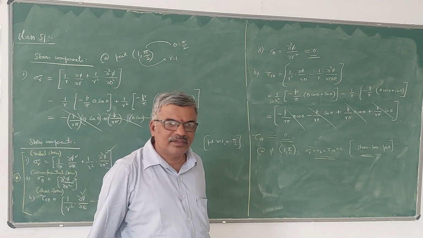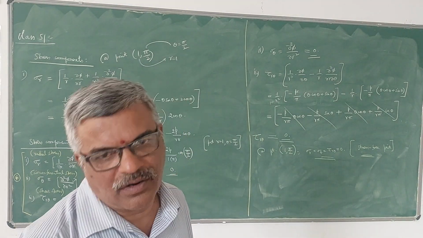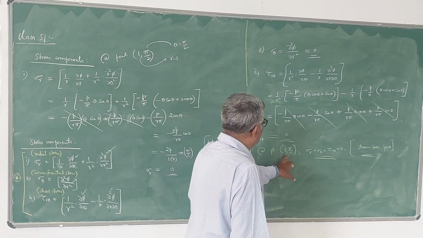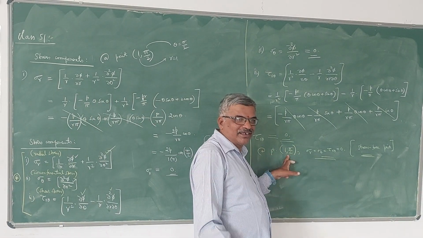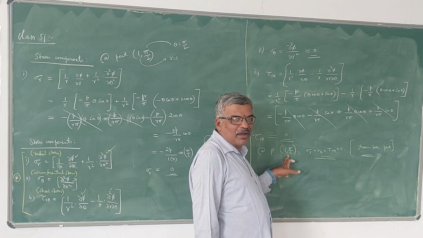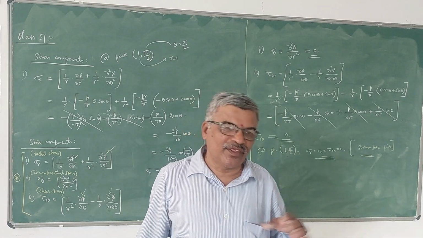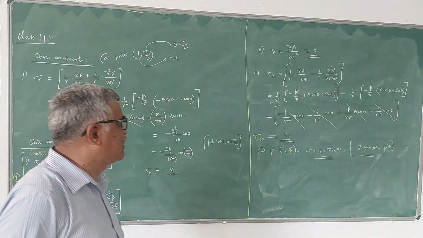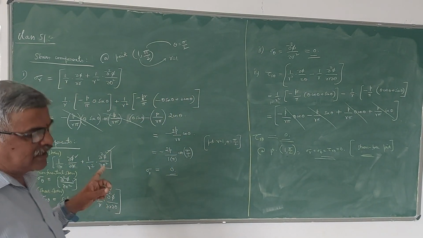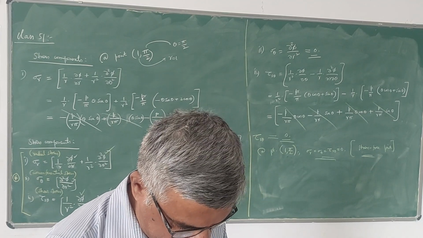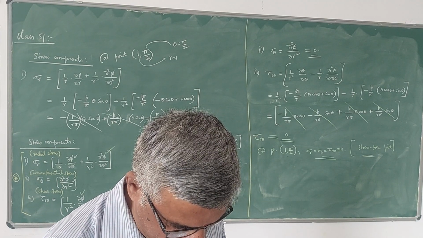Some point may not have any stress at all, but at this point it is stress free. If they give some different point, theta pi by 4 or pi, then it is not stress free. So there will be some value of stress there. So in this case we have got all the 3 stress components equal to 0.